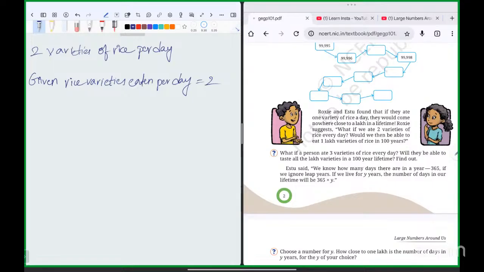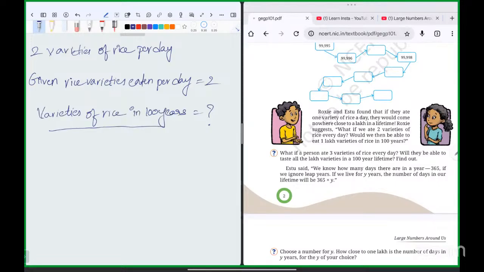Now we must find how many varieties of rice they can eat in 100 years, which is our main aim in the question.